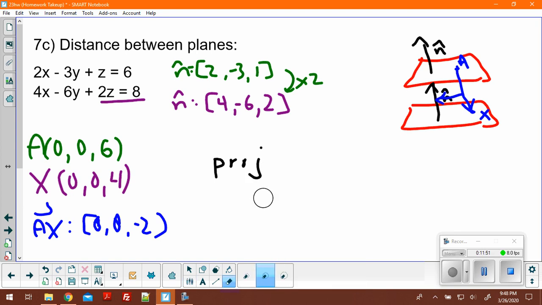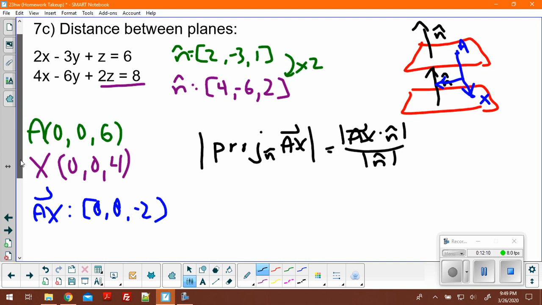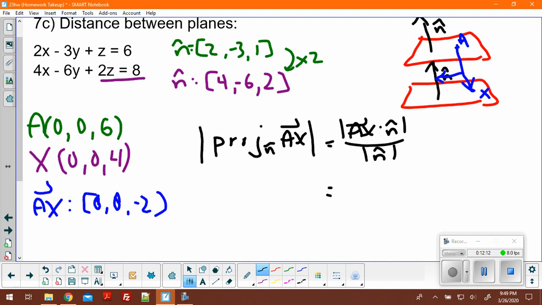Now let's work through our projection, the projection of AX onto N. I want the magnitude of that, so I just need to do the magnitude of AX dot N over the magnitude of N. This will be a nice easy dot product. (0, 0, -2) dotted with, I'm going to use the smaller one just to keep my numbers nice, (2, -3, 1).